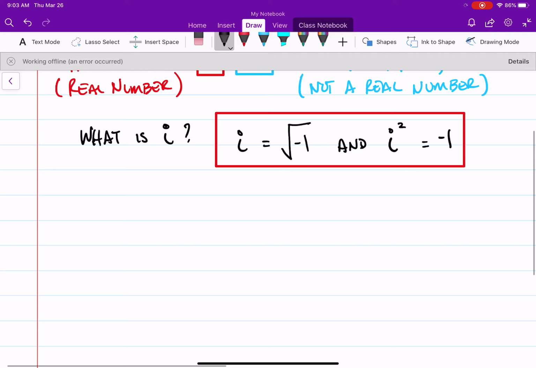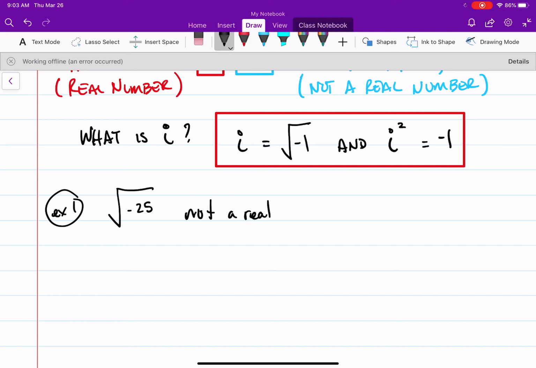Example 1, we just talked about the square root of negative 25. Before, we just said it was not a real number, and then we would be done. However, now that we're learning about i's, we are able to simplify this.